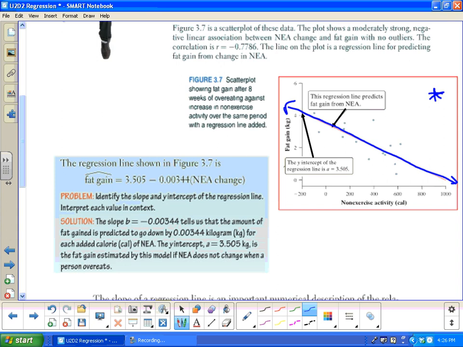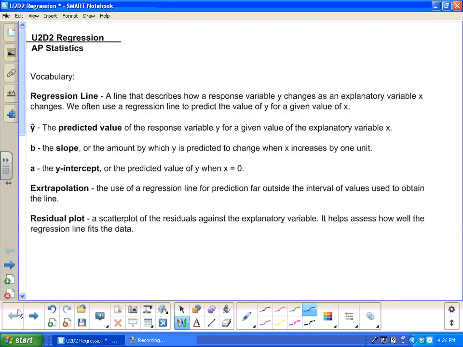It's a pretty complicated way to figure out where the best place to put the line is, a little above our heads. But just like before, what we're more interested in is understanding what this line means and what it can do. So let's go back and talk about some of these vocab words.